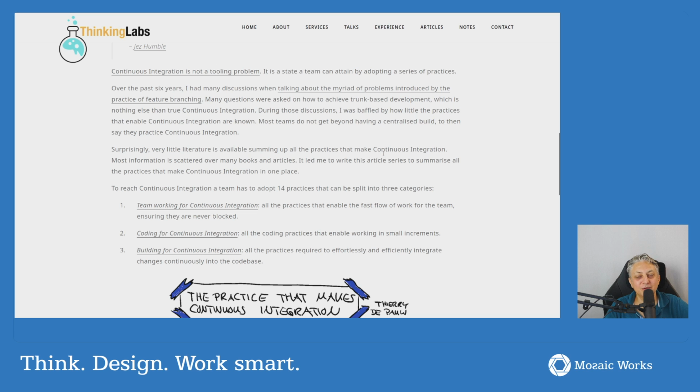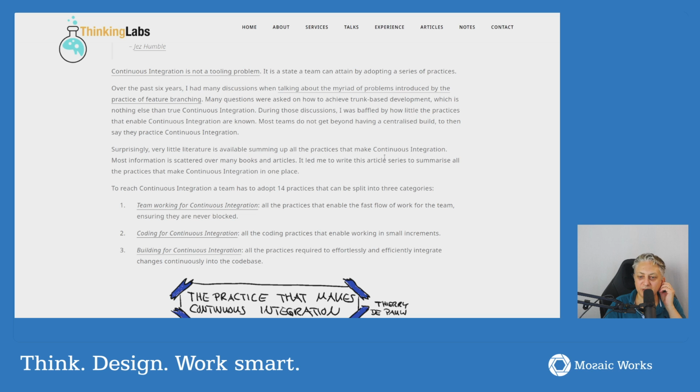I've done continuous integration very happily and productively with feature branches, so no, I don't see the problem. Many questions were asked on how to achieve trunk-based development, which is nothing else than true continuous integration. During those discussions, I was baffled by how little the practices that enable continuous integration are known.